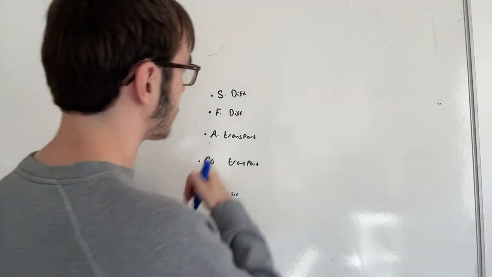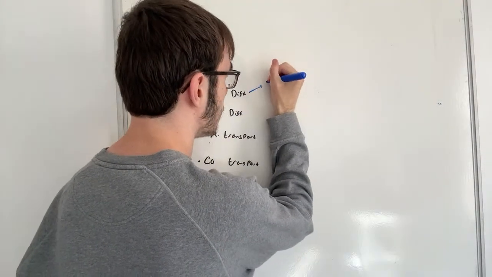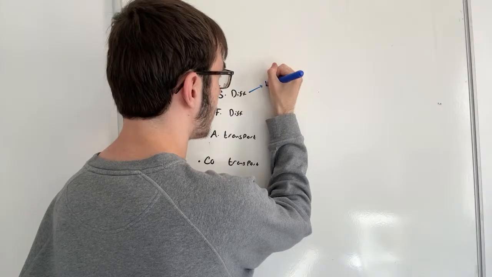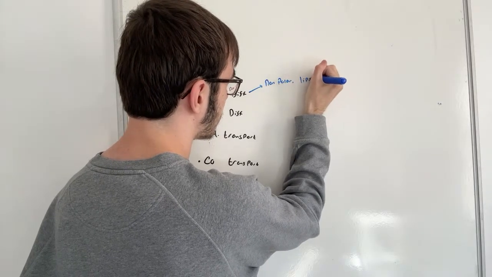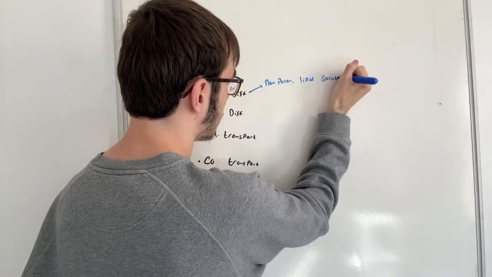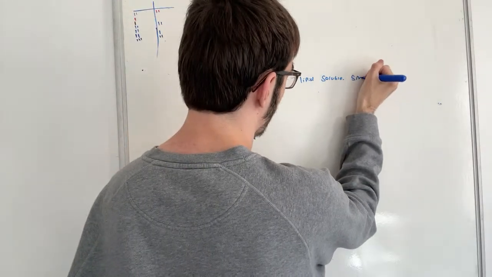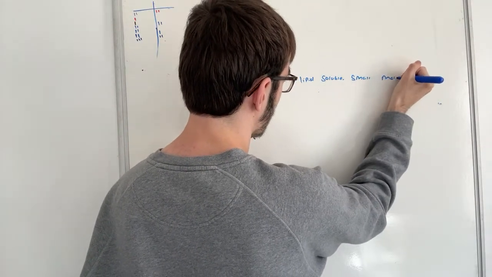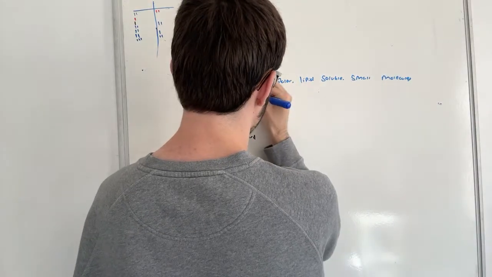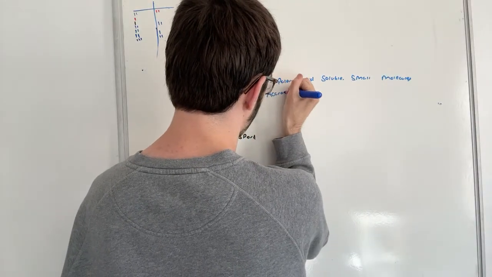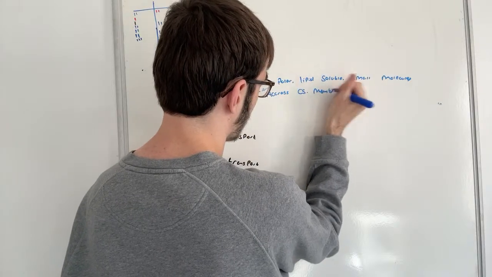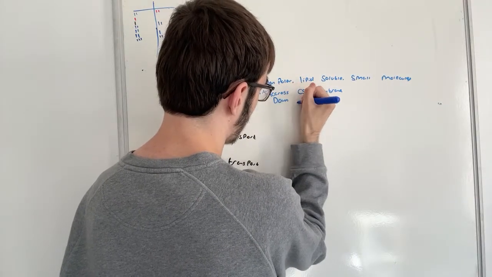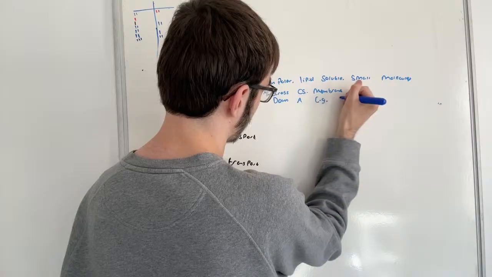Okay, simple diffusion. That is the movement of non-polar, lipid soluble and small molecules across the cell surface membrane down a concentration gradient.